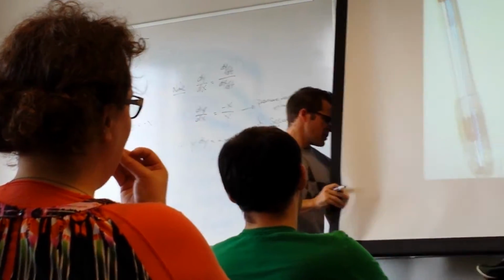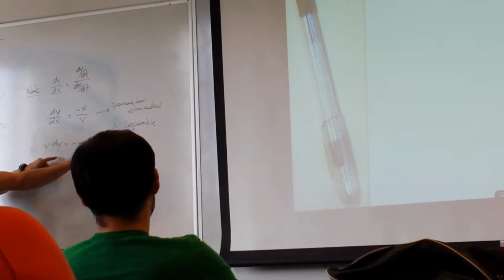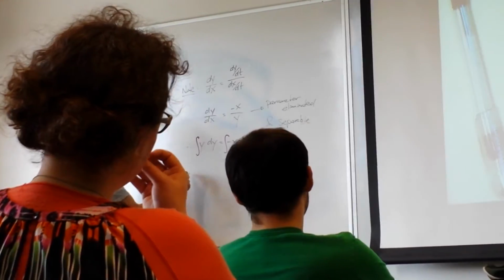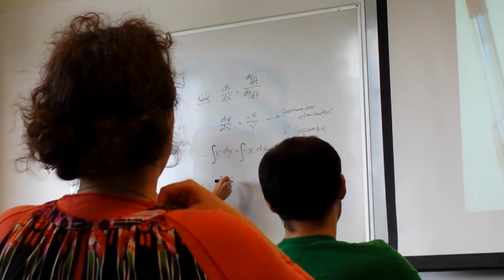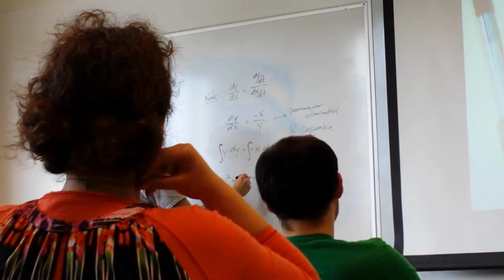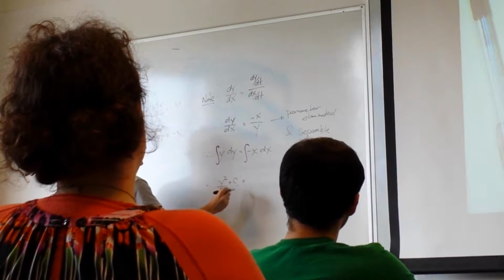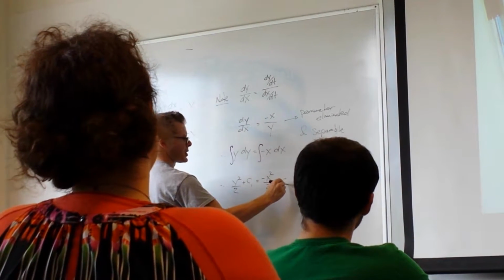And then what do we do with these? Integrate both sides with respect to the appropriate variable. And we get y squared over 2 plus whatever constant you want to call it, but I can just collect them all over to one side, equals negative x squared over 2 plus C2.